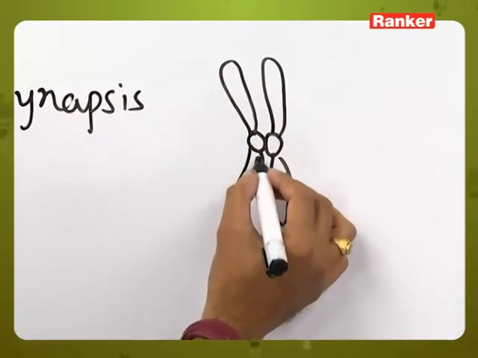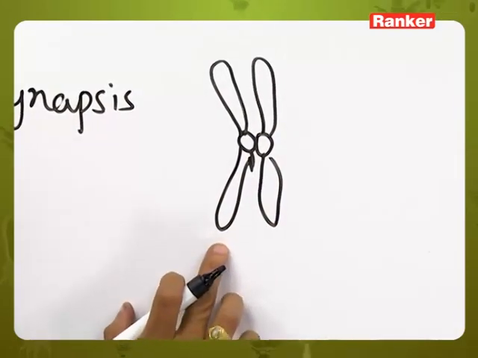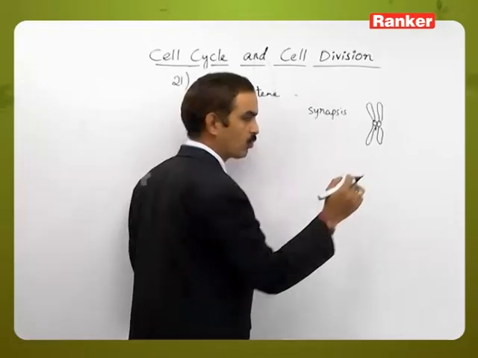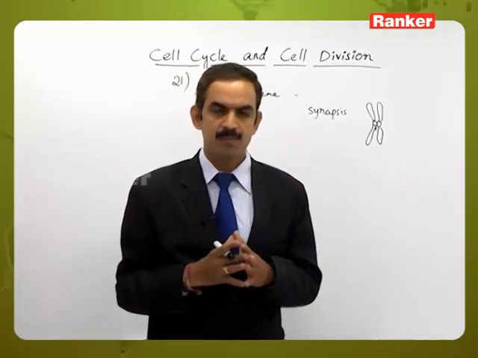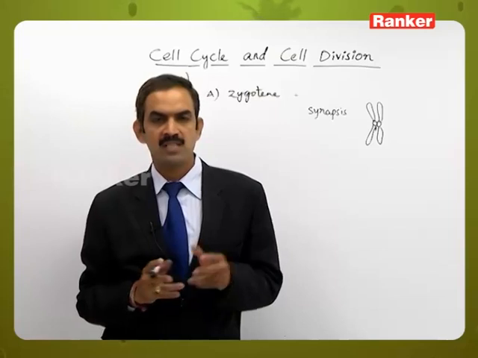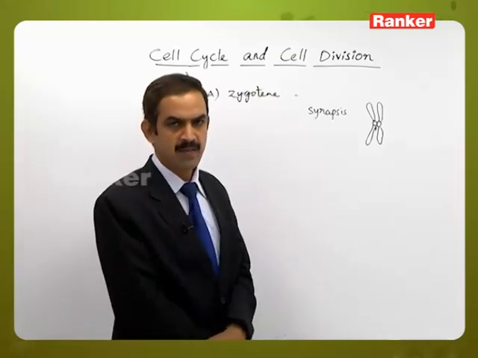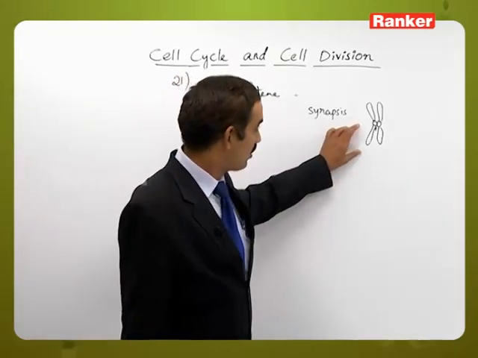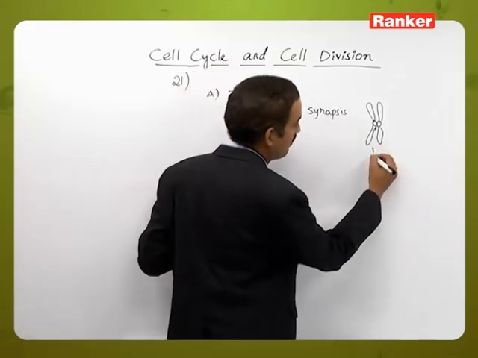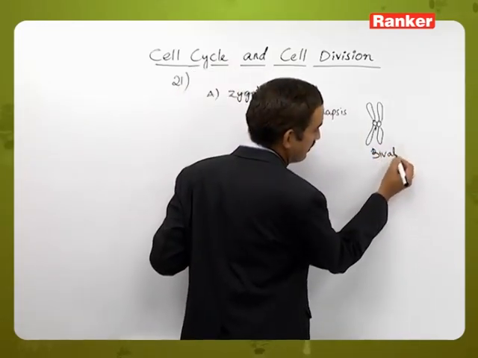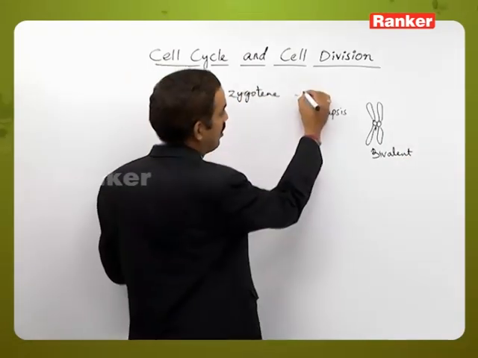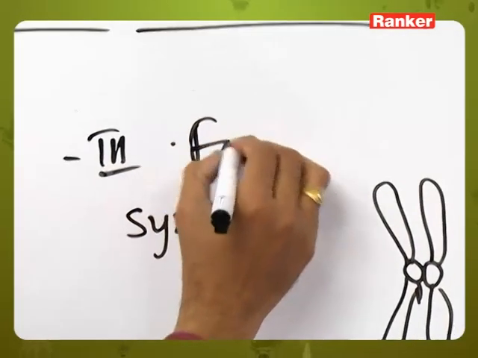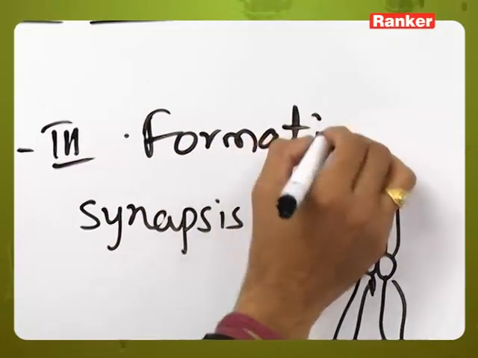So now this is a maternal chromosome, this is a paternal chromosome. That is, the homologous chromosomes will be formed because of the synapsis or the pairing. So here the synaptonemal complex is the one which is helping in the process of synapsis. So now this structure, whatever has been formed, is called a bivalent. So here the bivalent formation, the option number 3, formation of bivalent.